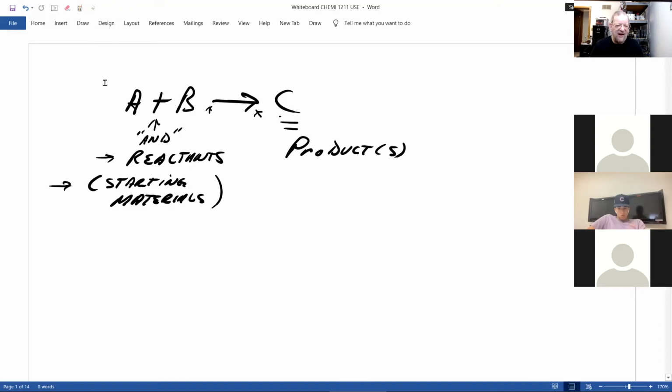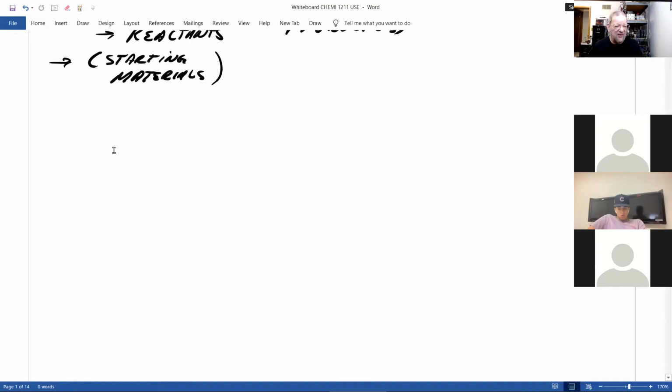And if I were to look at a chemical reaction like this one, what are the reactants? What are the products? Well, at the base of the arrow, we have our reactants.